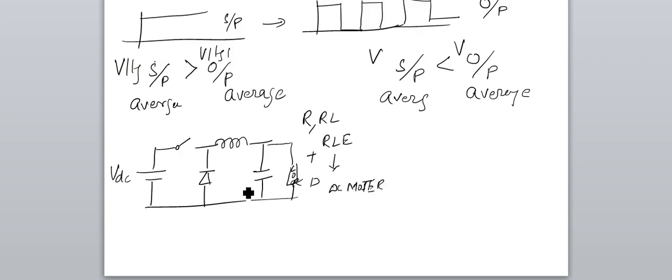So we'll see the circuit based on our load also. We'll check three different types of load. The formula for the output voltage: this is my output voltage V0, and V0 will be equal to D times VDC. D is the duty cycle, that is T on upon T.